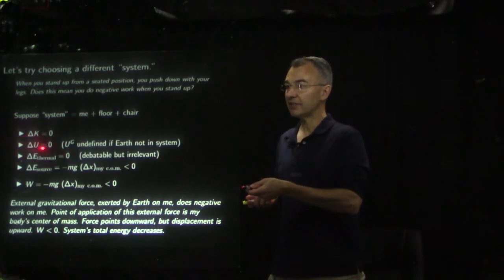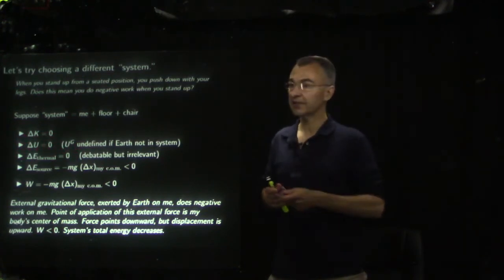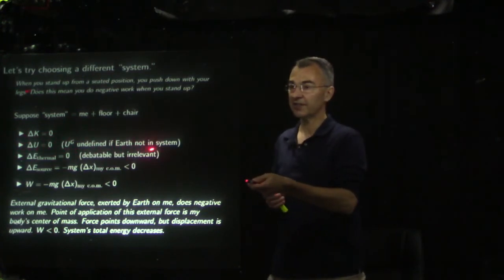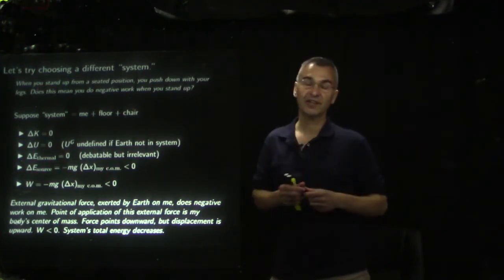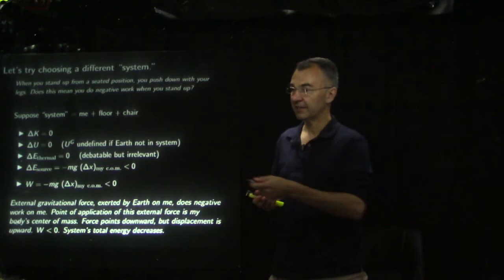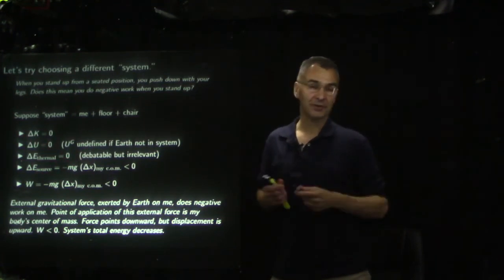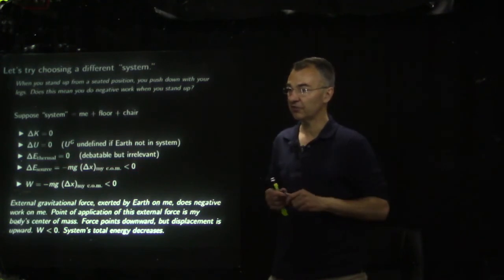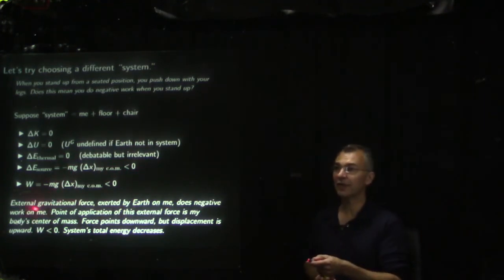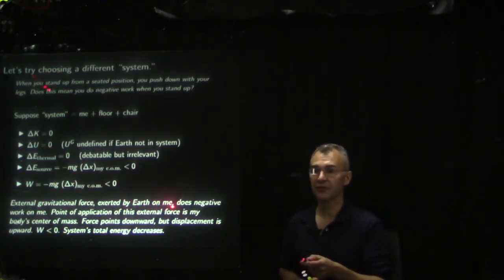The change in gravitational potential energy is 0 because gravitational potential energy is not defined if Earth is not part of the system. The change in source energy, that's like chemical energy stored in my body, is negative because I did burn some calories to do that. That makes sense. So the external gravitational force exerted by Earth on me does negative work on me.